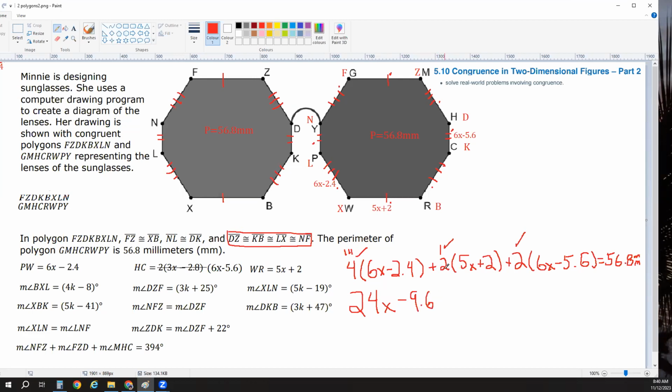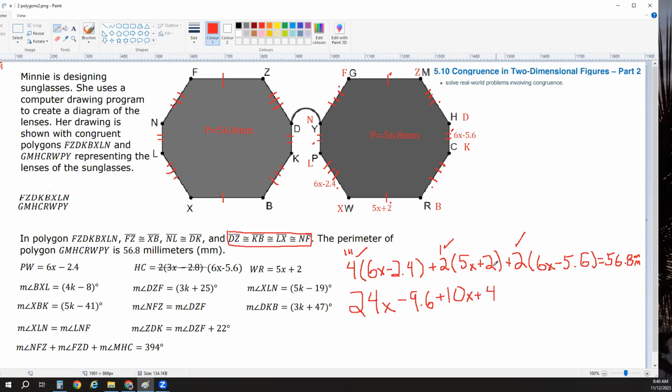Okay, now I'm going to go 2 times 5 is 10x. And then plus 2, positive 2 times 2 is 4.